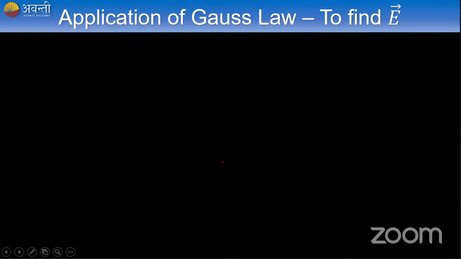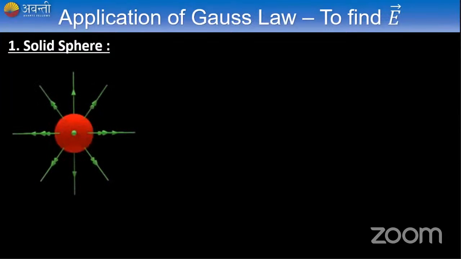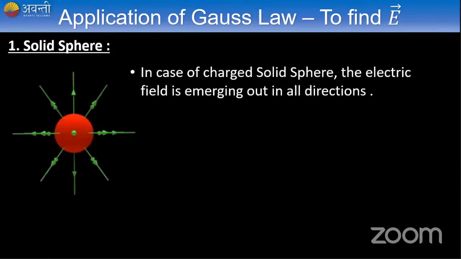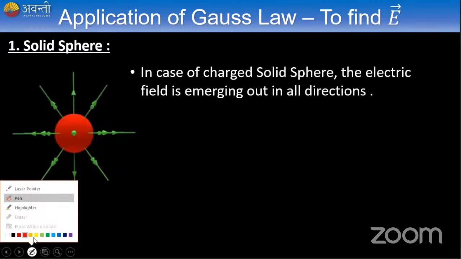So, guys, in applications of Gauss law, we started with the solid sphere. We'll have a quick revision of what we learned in our previous class. We had a solid sphere of radius r, a charged sphere. Tell me what was acting as an outer cover in this case. For application of Gauss law, we required two things. What were they?